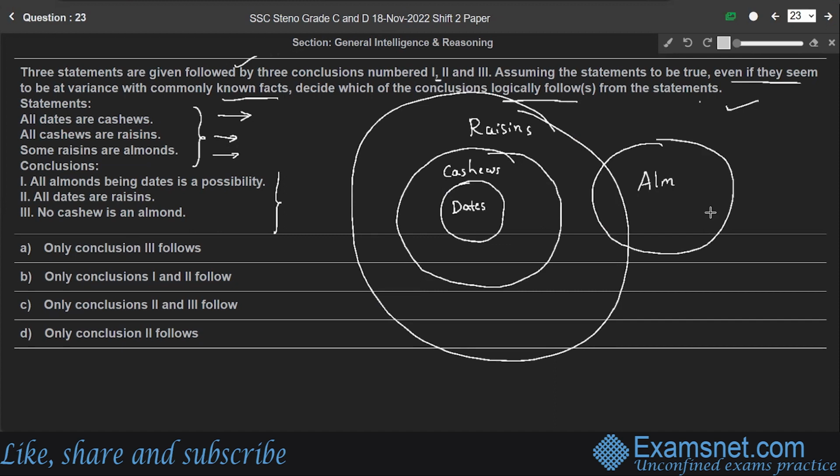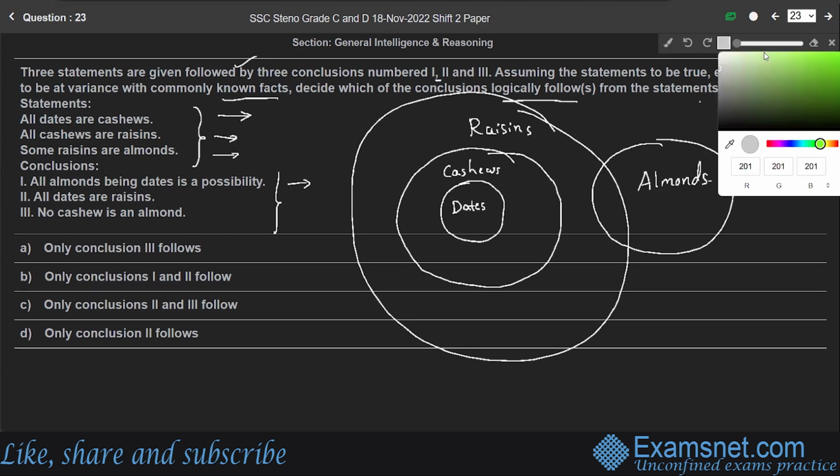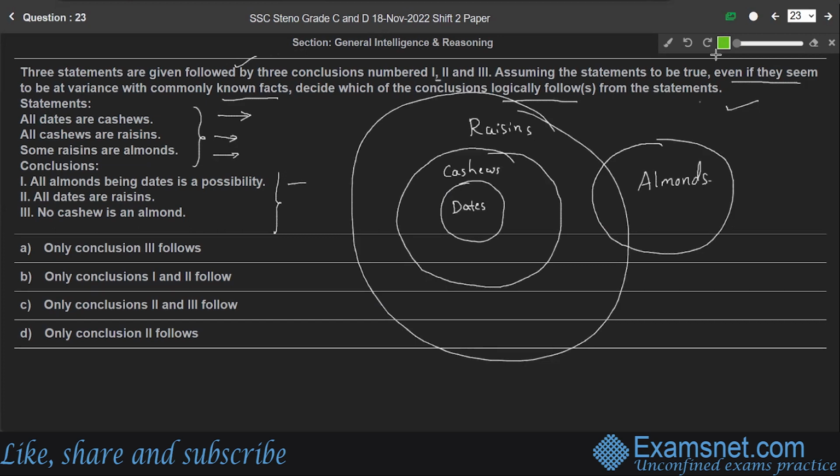Therefore, the set of almonds will be like this, right? Now come to the conclusion part. All almonds being dates is a possibility. All almonds being dates, right? So if you consider a set of almonds like this, for example, right? So consider the set of almonds.